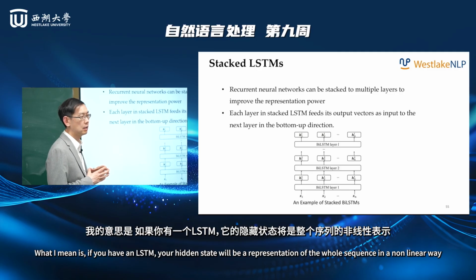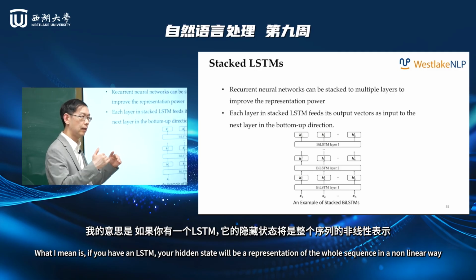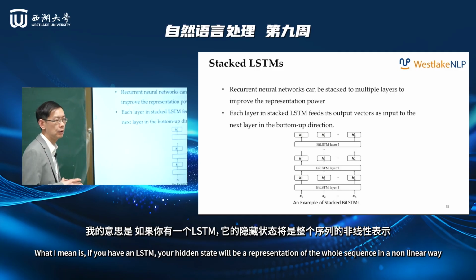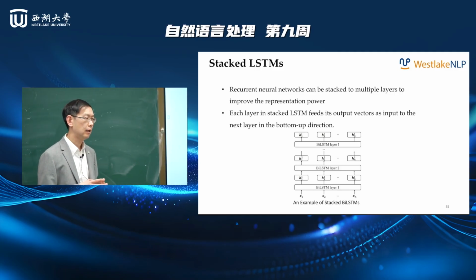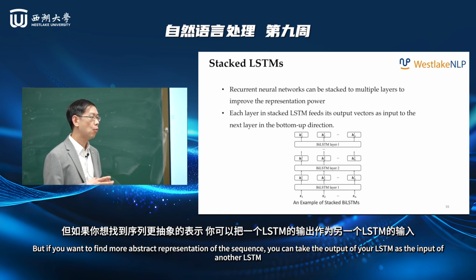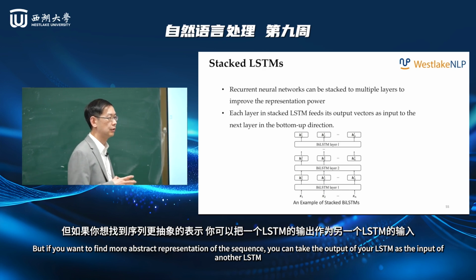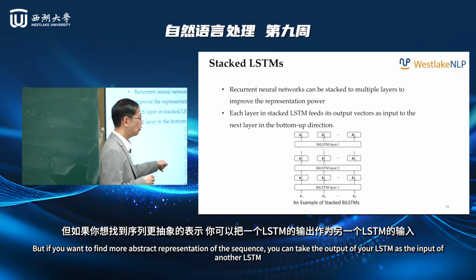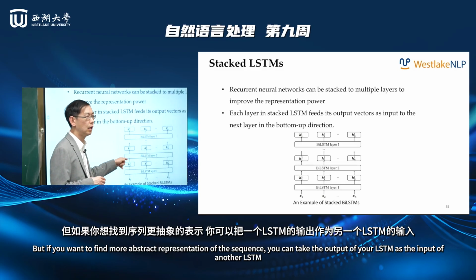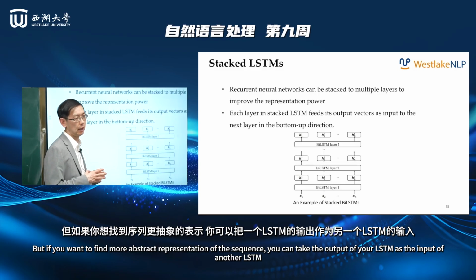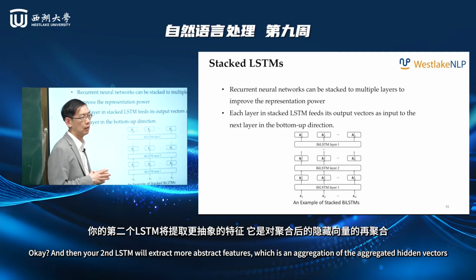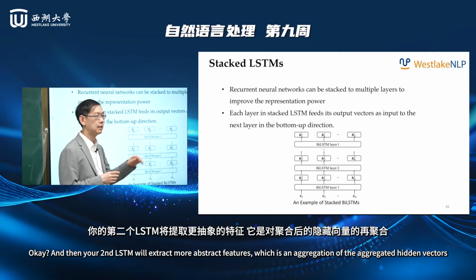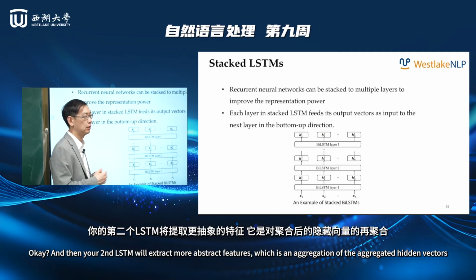What I mean is, if you have an LSTM, your hidden state will be a representation of the whole sequence in a nonlinear way. But if you want to find a more abstract representation of the sequence, you can take the output of your LSTM as the input of another LSTM. Then your second LSTM will extract more abstract features, which are an aggregation of the aggregated hidden vectors.